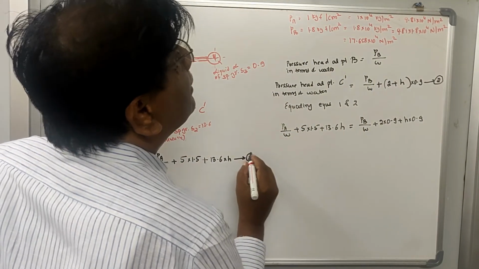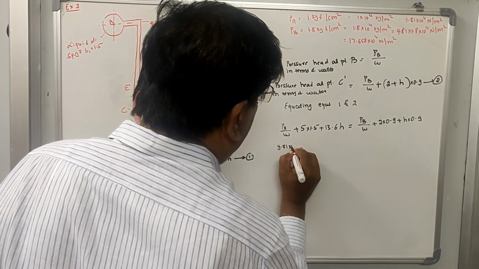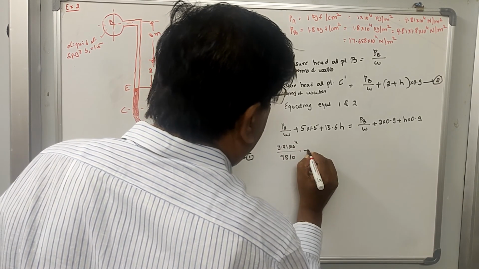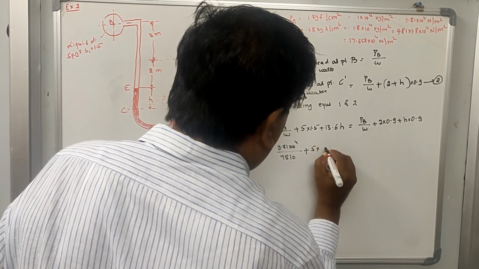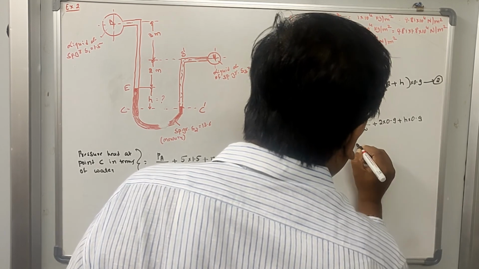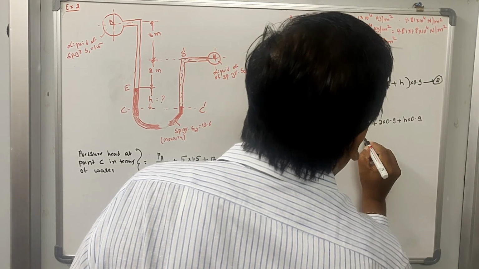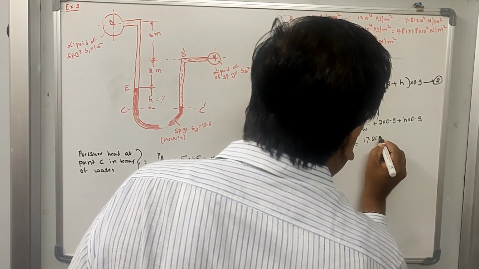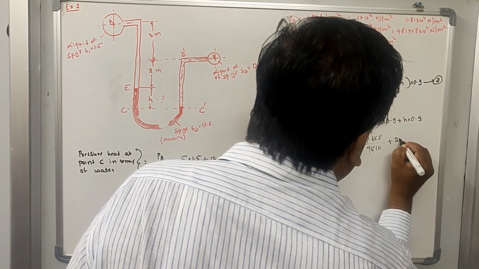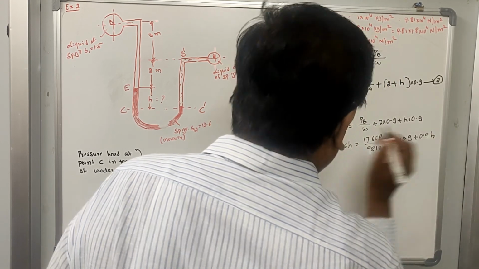PA is the pressure intensity at point A, 9.81 into 10 raised to 4. Unit weight of water is 9810, plus 5 into 1.5 plus 13.6 h, equal to PB, which is 17.658 into 10 raised to 4, by 9810, plus 2 into 0.9 plus 0.9 into h.